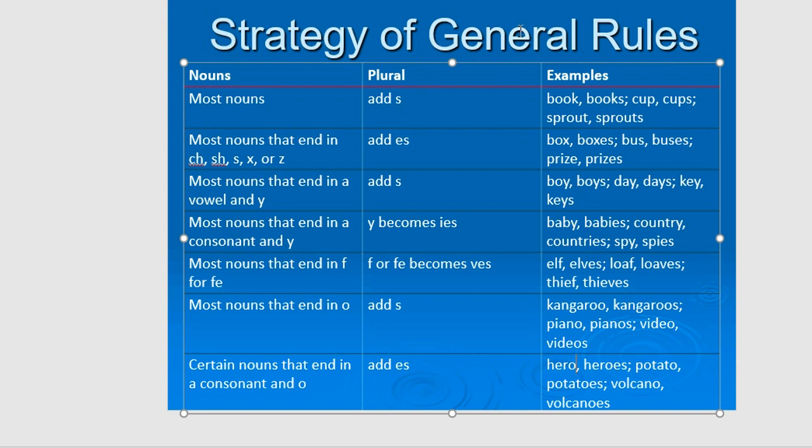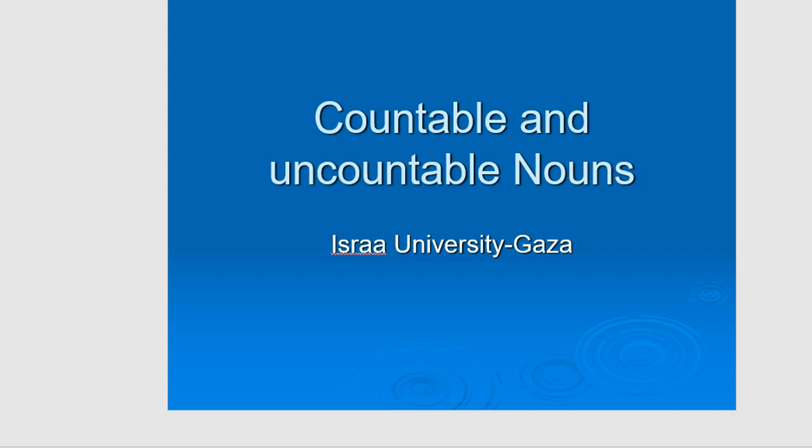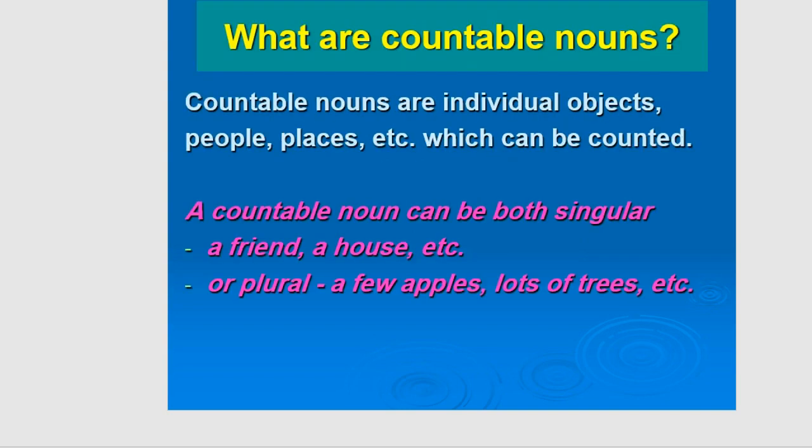These rules are very general for most students, but when we go back to the book right now, we will show you the special cases. Again, we have what we call countable and uncountable nouns. We jump to it because I need to emphasize this point more and more before we move to the book.